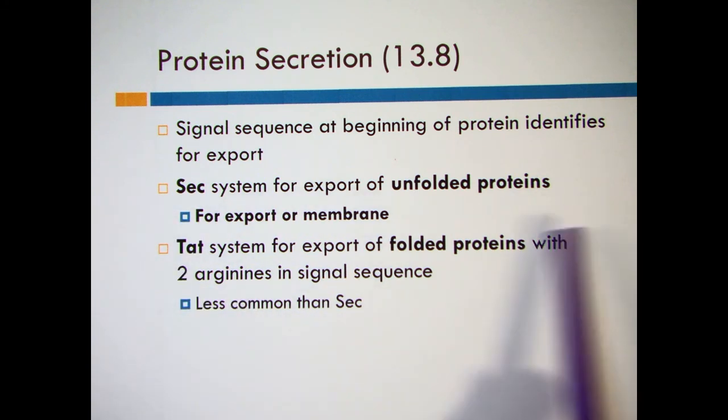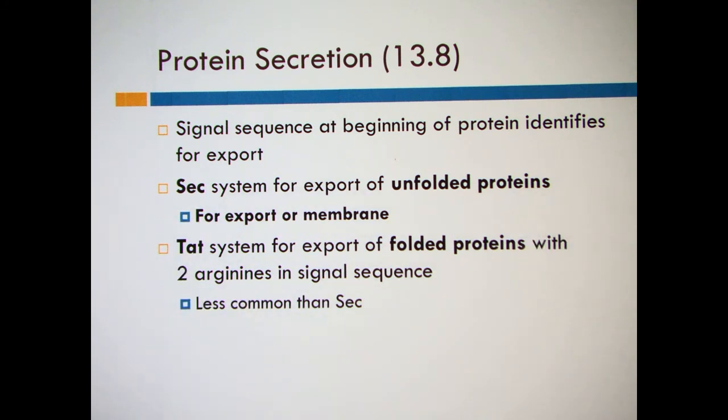The SEC system is totally for unfolded proteins, and these proteins could be headed out of the cell or they could just stay in the membrane. But in either case, they are exported in the unfolded state, and then they will fold whenever they get to the place that they're going.